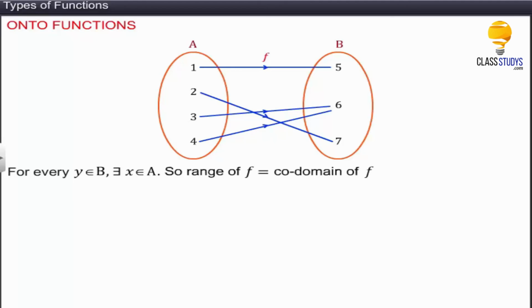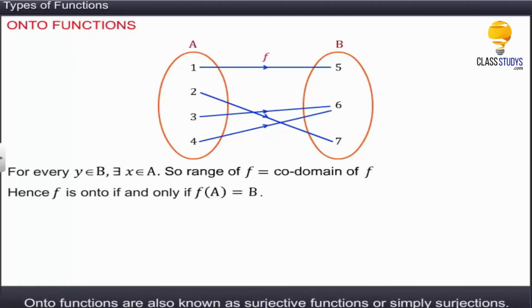So we can say that the range of f is equal to the codomain of f. Hence, f is onto if and only if f of A is equal to B.